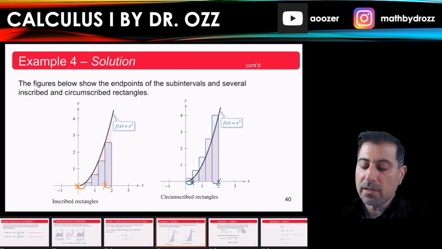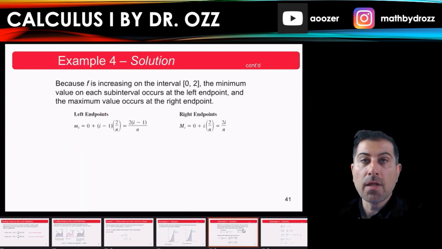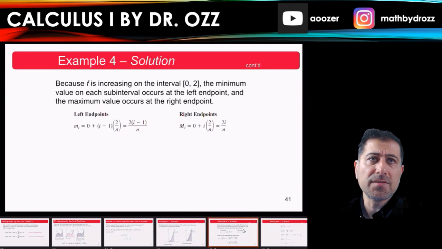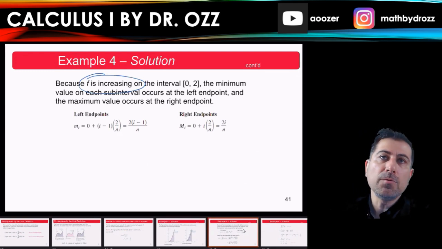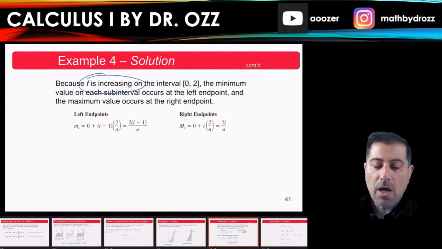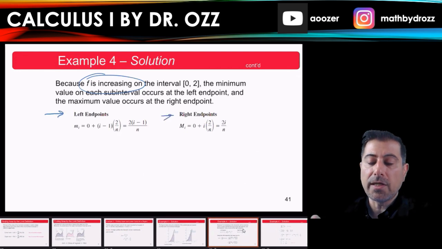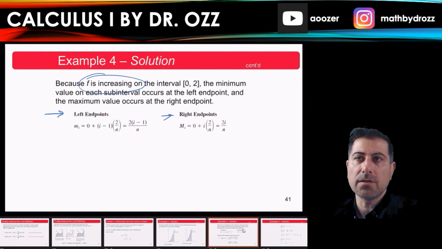For this interval, I'm going to go with the right endpoints to determine the heights of those rectangles. And here's the reason: we have a function increasing all the way, f of x equals x squared. So the minimum and maximum are achieved at the left endpoints and right endpoints of each subinterval respectively. That's why we're using left and right endpoints for an increasing function. If you had a decreasing function, this could probably flip.